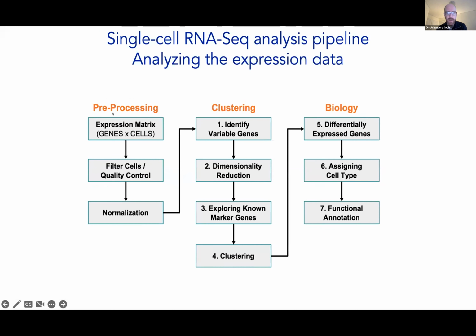So you quantified for every cell what genes are expressed and which cells are even present in your data. Then he showed you quality control, where you filter low quality cells out and remove genes that aren't well measured. And then finally, he showed you normalization of the data, which we often do to correct for differences in sequencing depth across different experiments. So what Sergio and I are going to show you are the next steps, which are clustering the data and biological interpretation.